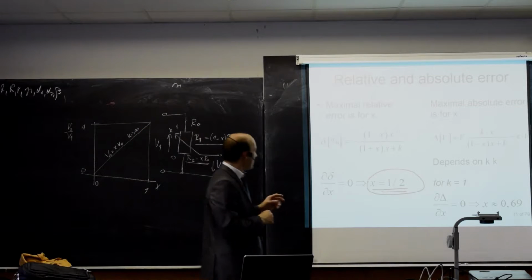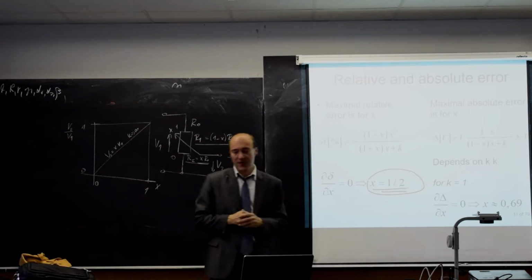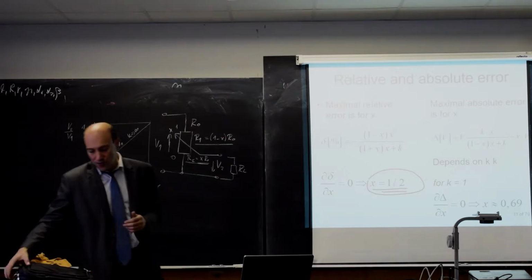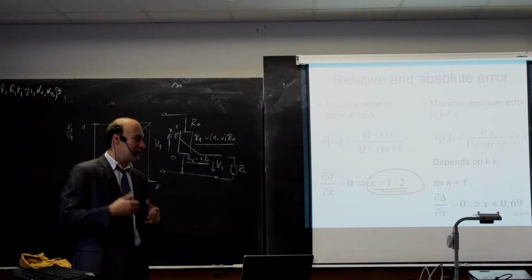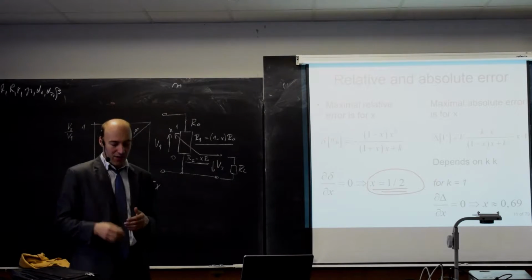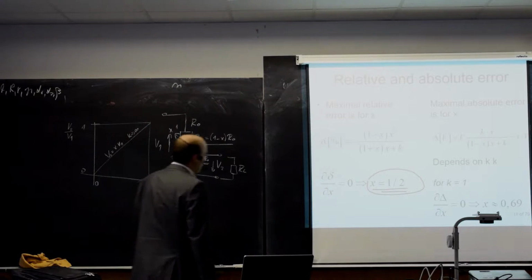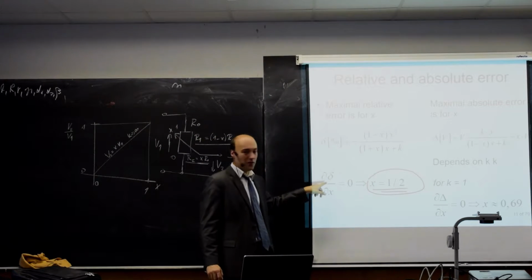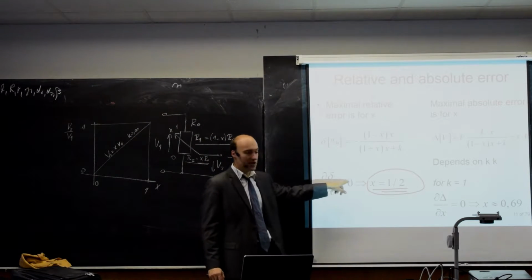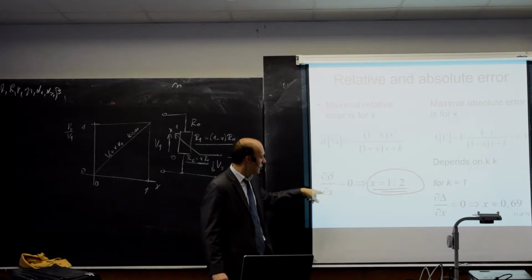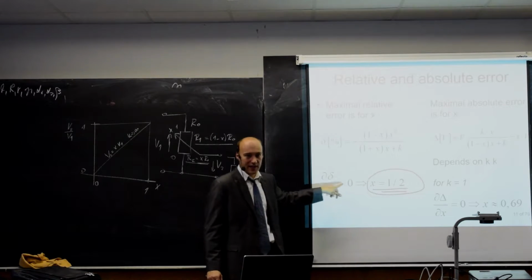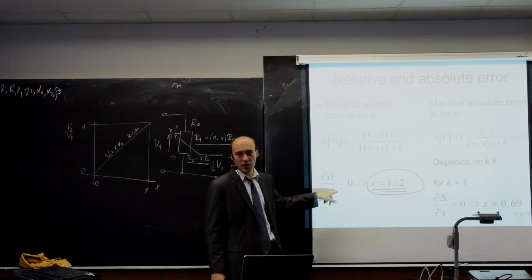Let's start with the relative error. How do you look for the position where you have the biggest difference? Well, you make a partial derivative. So I will make a partial derivative of x, and I will set that to 0. And I will look for a value of x that fulfills this equation.